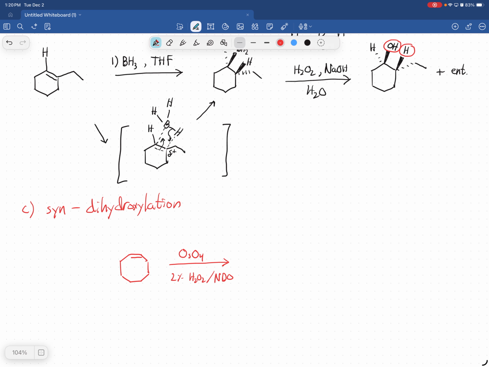So we have to add a catalyst so that this is now catalytic. Okay. So you might see that, but just remember it's osmium that's doing the chemistry. Hydrogen peroxide or this other oxidant is just a co-reagent to regenerate the osmium over time. Okay, so osmium tetroxide looks like this.